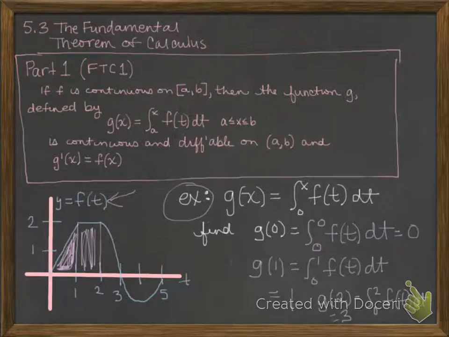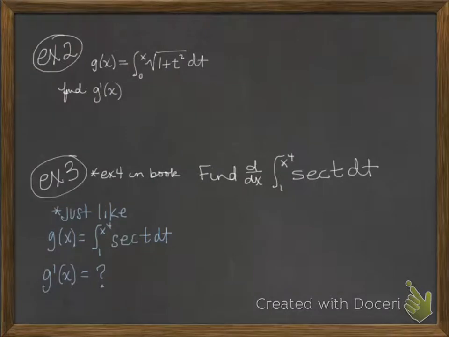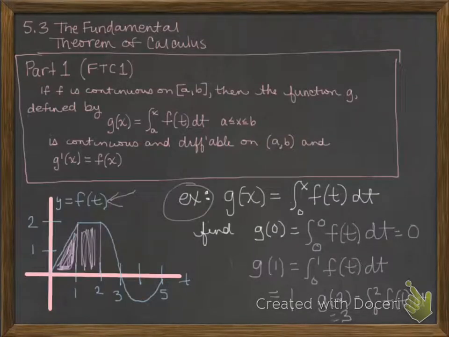Let's look at the next little piece of that first part of the fundamental theorem, though. It says that if g of x equals the integral from 0 to x of some f of t dt, in this case our f of t is square root of 1 plus t squared dt. If we want to find g prime of x, all g prime of x is going to be, according to the fundamental theorem of calculus, is f of x.